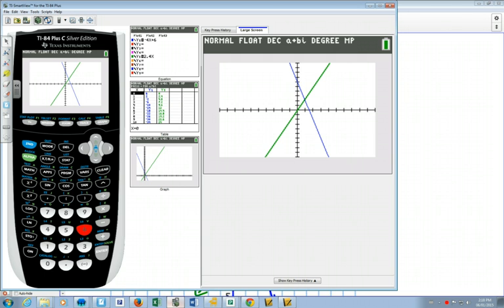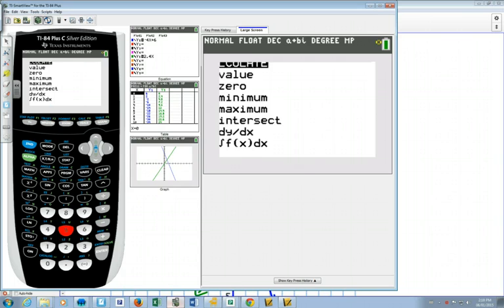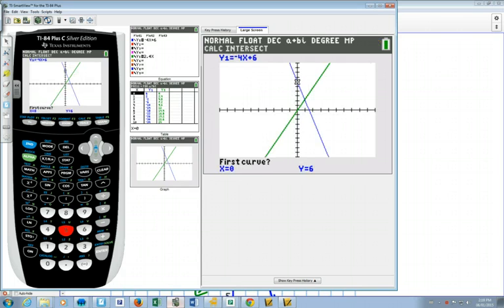So once you have both graphs on there, we want to find out where they intersect. Every calculation for graphs is above the trace button and calculate. So hit your second button and then hit your calculate button. And of these, which one do you think we're going to use? Number 5, intersect. Your cursor is going to go on one line.